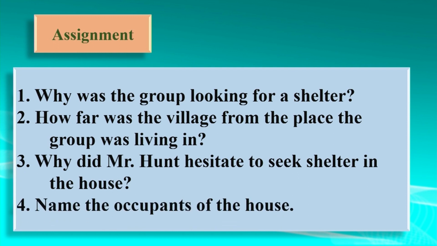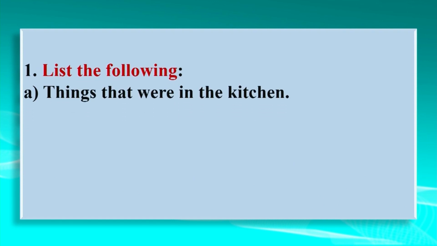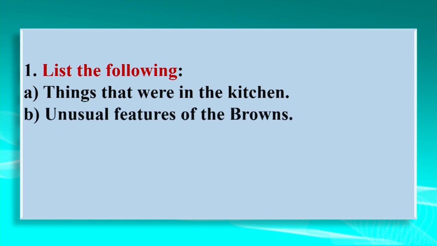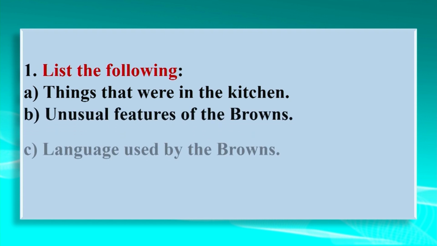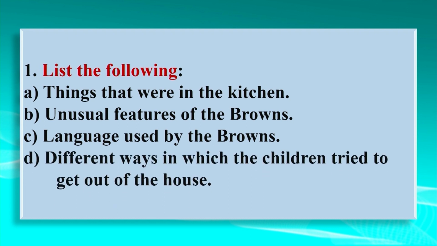Name the occupants of the house. And look at the next one, children. Yes, you have to list the following: things that were in the kitchen, unusual features of the Browns, language used by the Browns, different ways in which the children tried to get out of the house.